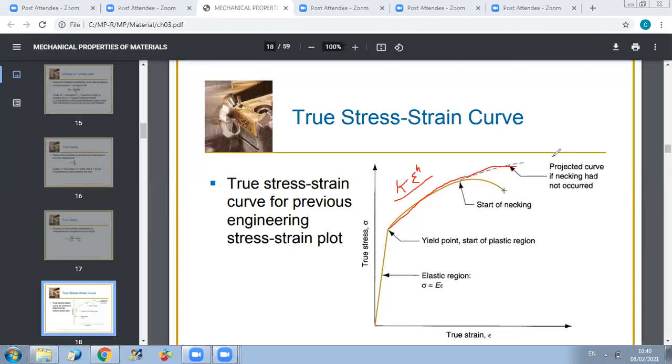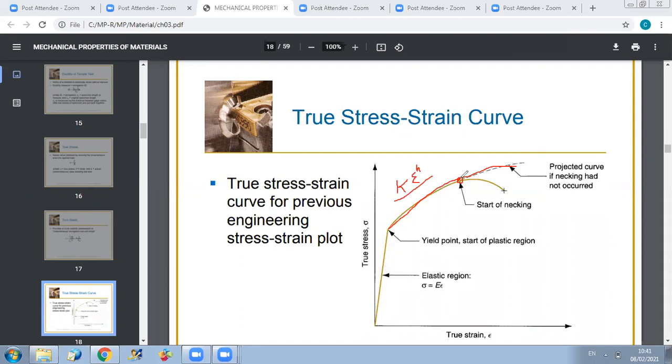Now, how to determine the start of necking? I will compare the flow curve with the actual curve, okay? You will see that I have a separation point. Before necking, nearly the two curves will be the same. And after necking, there will be separation between the actual curve of plastic deformation and the flow curve.